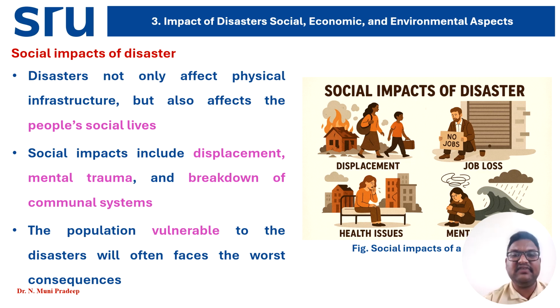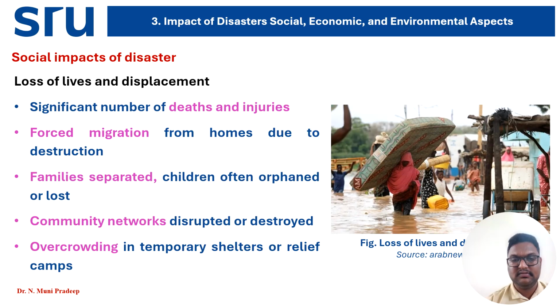It is a result of decades of structural inequality that leaves some people less able to protect themselves and recover from shocks. In the following slides, we'll study five specific social impacts in detail: loss of lives and displacement, health and psychological effects, disruption of education, vulnerability, and social inequality. Let us go through each one.